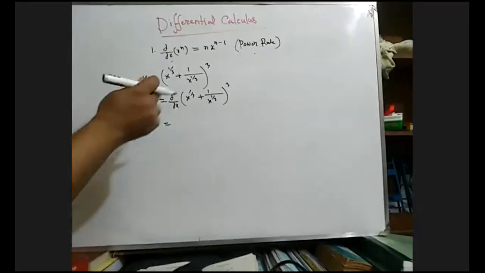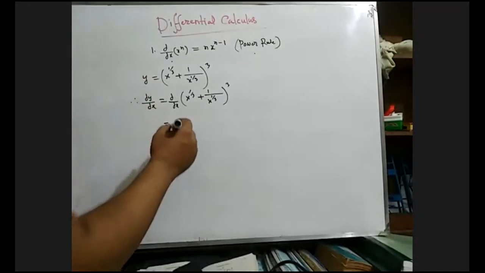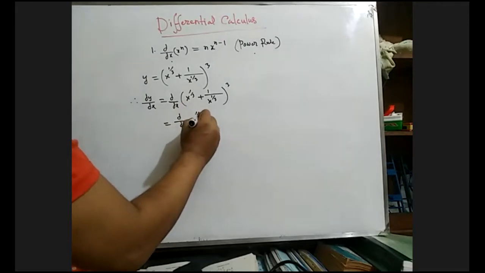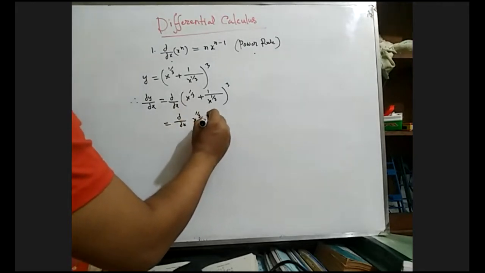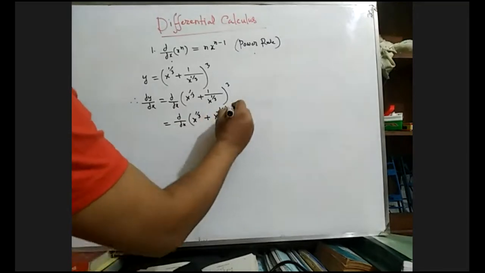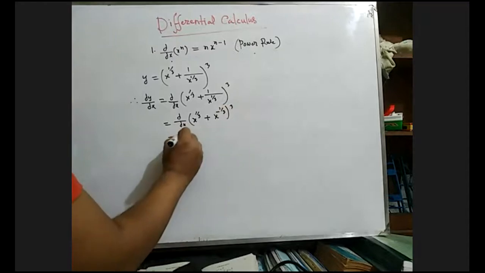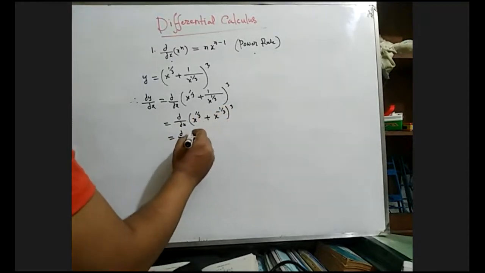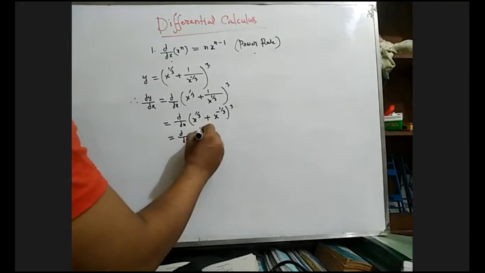This can be written with the power 1 by 3 plus this written as minus 3. This is another formula, the a plus b whole cube formula.